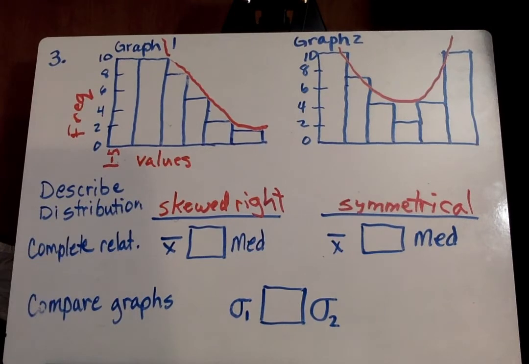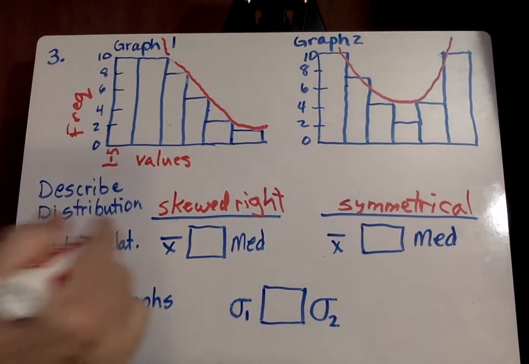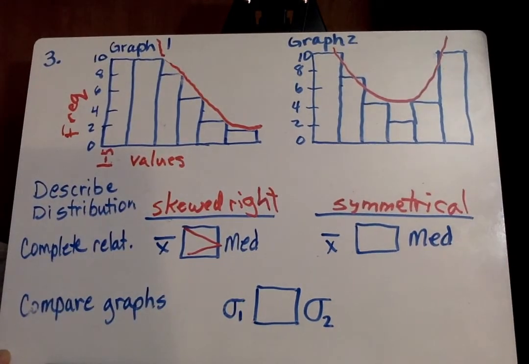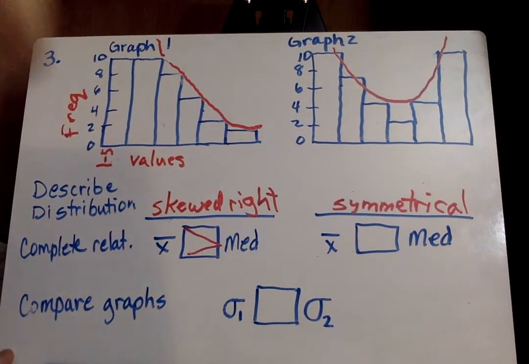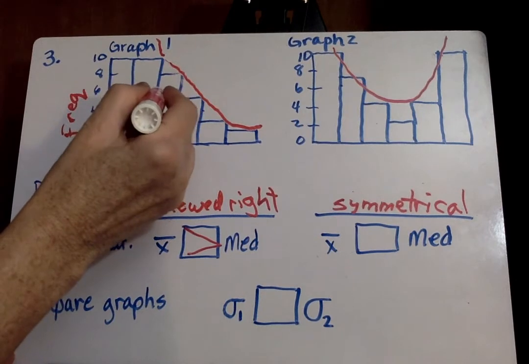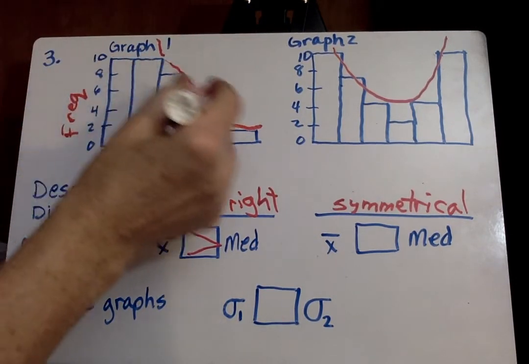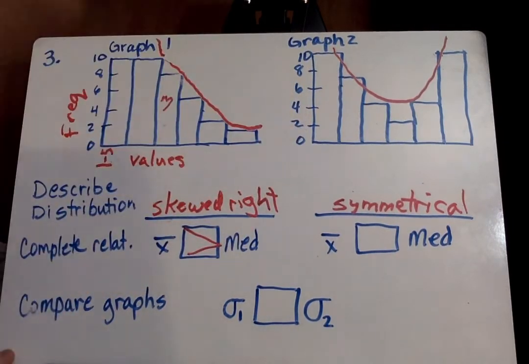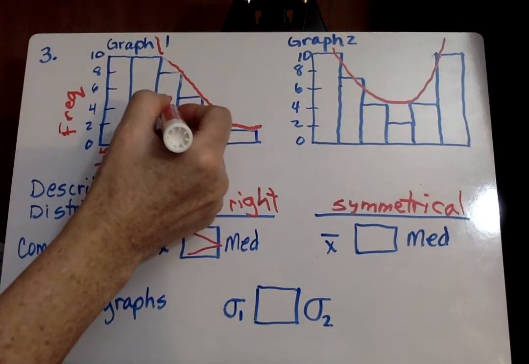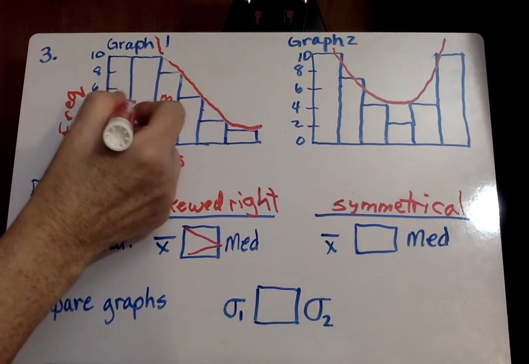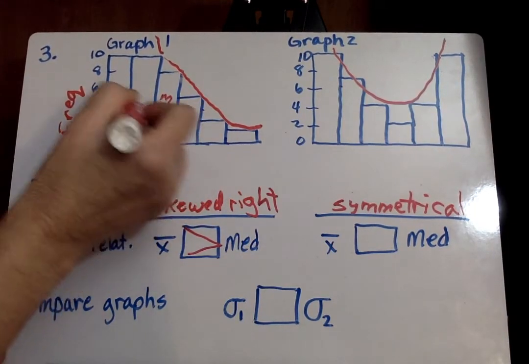So if it's skewed right, we know that the mean is greater than the median. The median will probably be somewhere over here. And the mean, because you're adding them all up and dividing, is going to be greater, probably closer to over here.